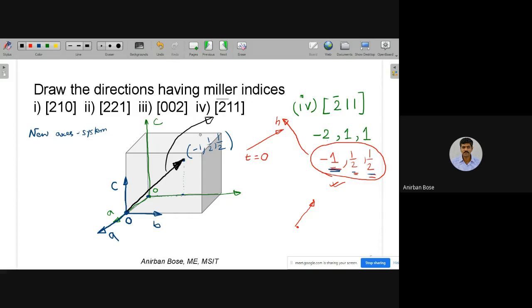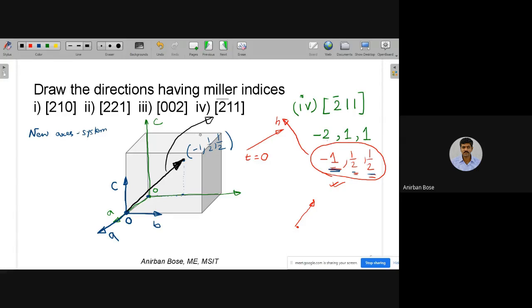Okay, so in this way, we can represent the direction within the cell. Within the cell, we have to do everything. We are not going to extend our direction outside the cell. We are not going to extend our unit cell. Instead, we are going to shift the position of the origin in such a way that the particular direction will be within the cell.